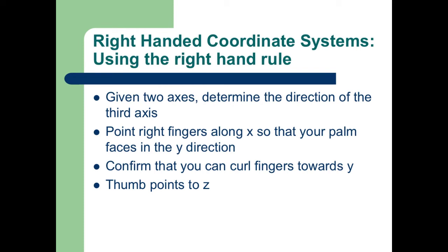A right-handed coordinate frame is one in which, if you know your X and Y axis, you can automatically know the direction of the Z axis. Similarly, if you know your Y and Z axis. So here's how you figure out whether a coordinate system is right-handed, and also if you have a right-handed coordinate frame, how you figure out the third axis using the right-hand rule.